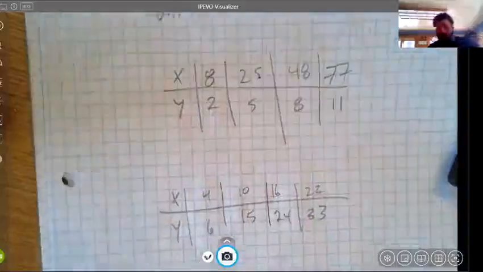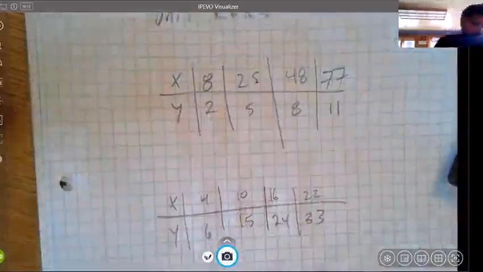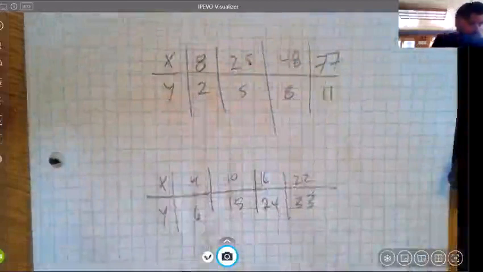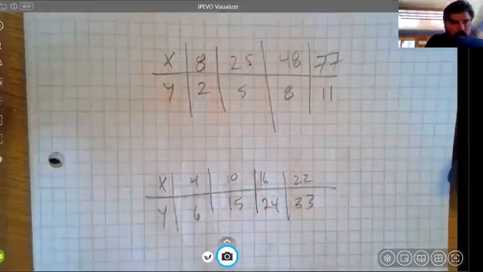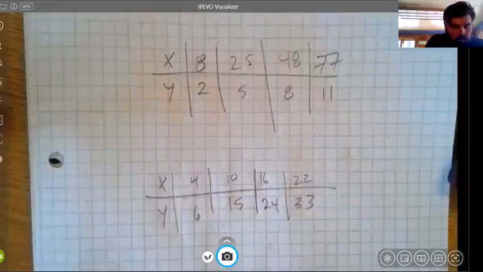Okay, so they want me to determine if it's proportional, and you're saying how are you deciding whether or not it's proportional or not? The numbers it goes 1 over 4, 1 over 5, 1 over 6, and 1 over 7, and it has to be all the same all the way through.